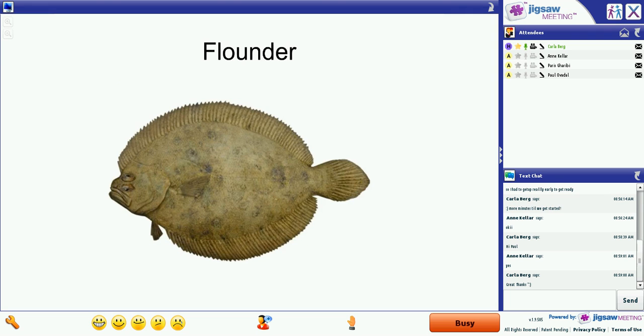Now, we have our next fish. This fish is a flounder. Any guesses as to how this fish moves? This one is a great example of the caudal fin. Paul, go ahead. Great. The flounder moves very, very slow. If you look at his caudal fin, it is very rounded.